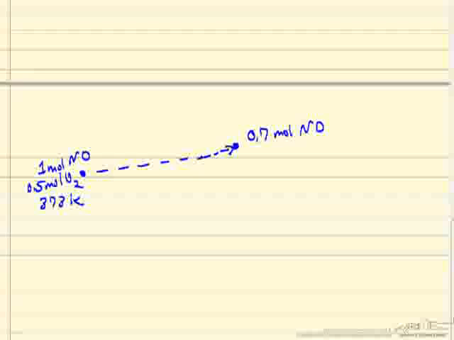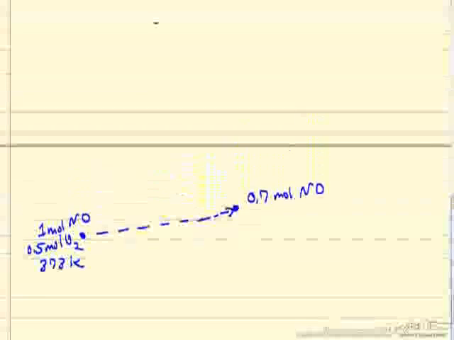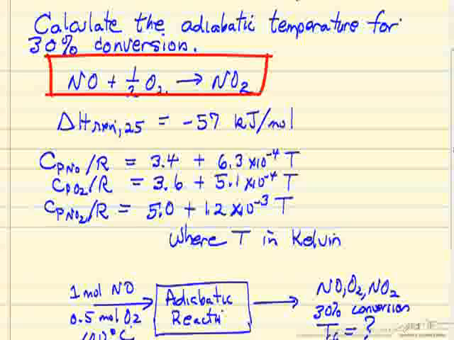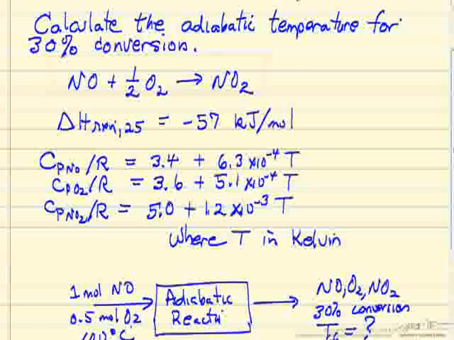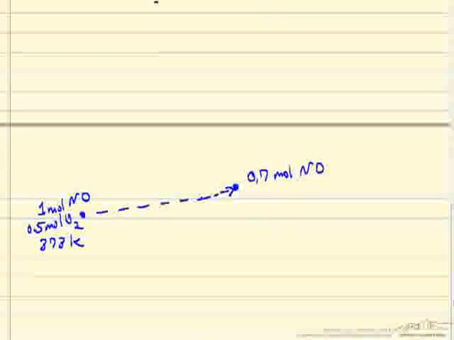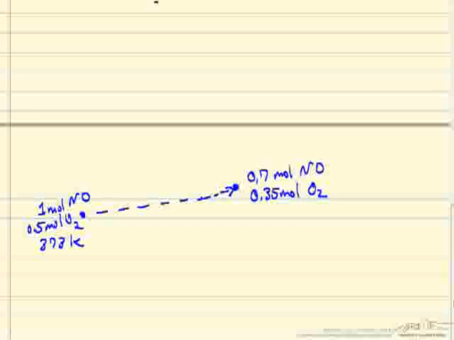Since 1 mole of NO reacts with a half mole of O2, when 3/10 of a mole of NO reacts, half of that, 0.15 moles of O2, reacts, and so 0.5 minus 0.15 gives us 0.35 moles of O2. Then we form 3/10 of a mole of NO2. The temperature is what we don't know.